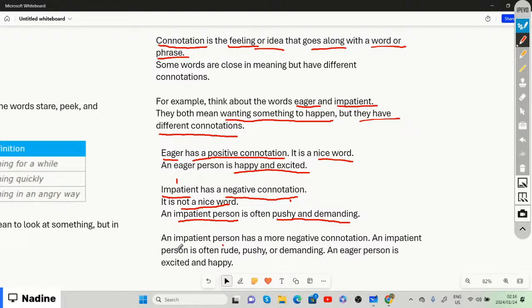An impatient person has a more negative connotation, whereas an impatient person is also often rude, pushy, or demanding. On the other hand, an eager person is excited and very happy.